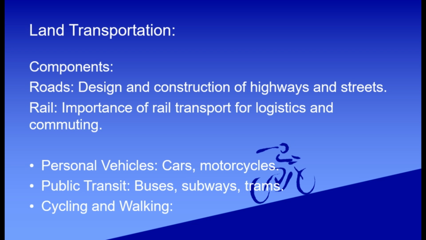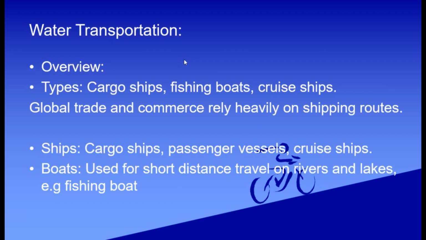Then we move to the next point, which is water transportation. This involves the use of ships and boats to transport people or goods across oceans, seas, and rivers. It is particularly important for international trade. That is very important.